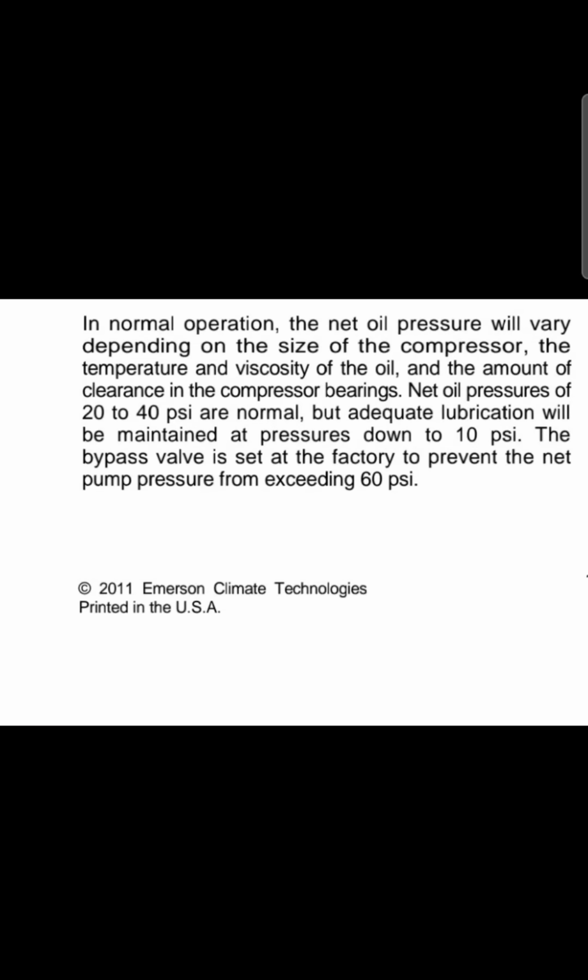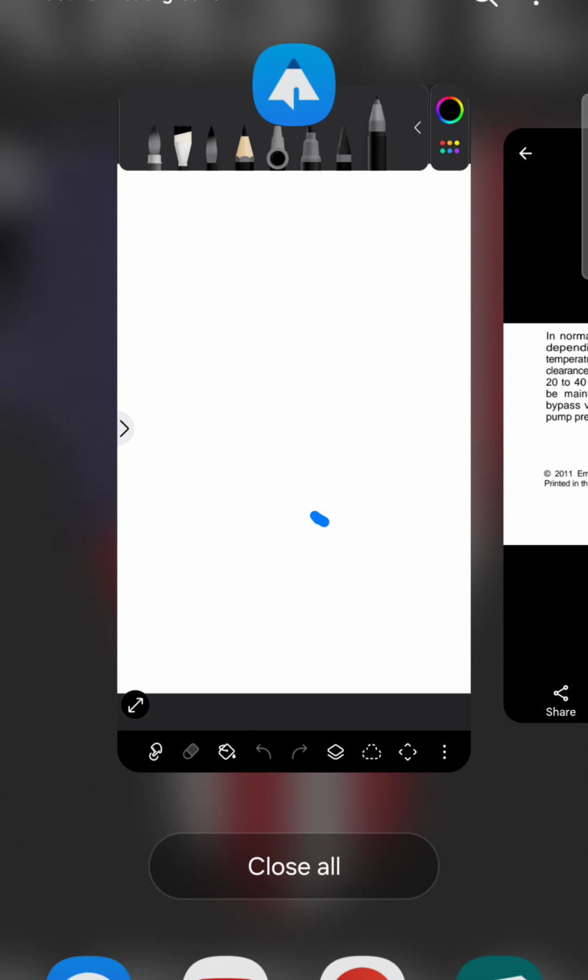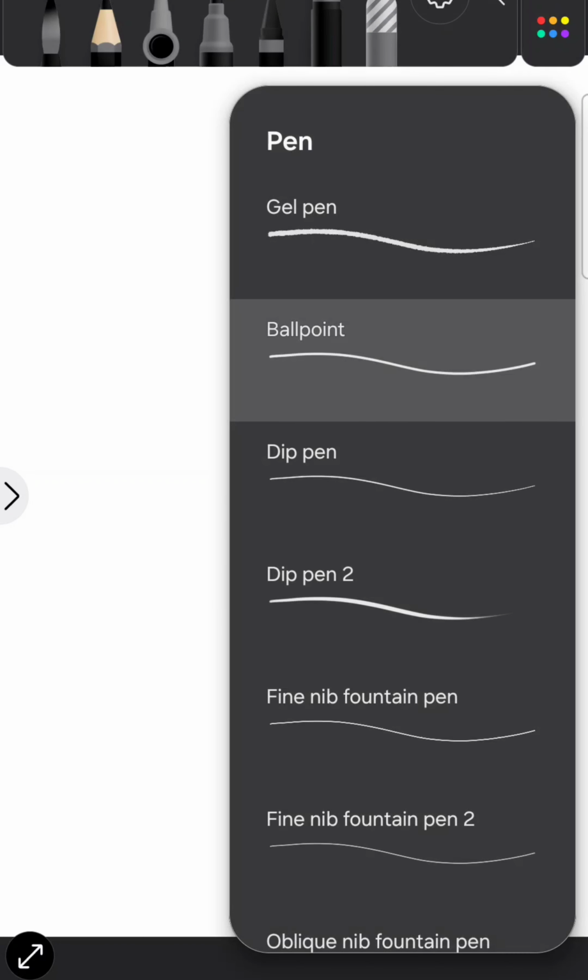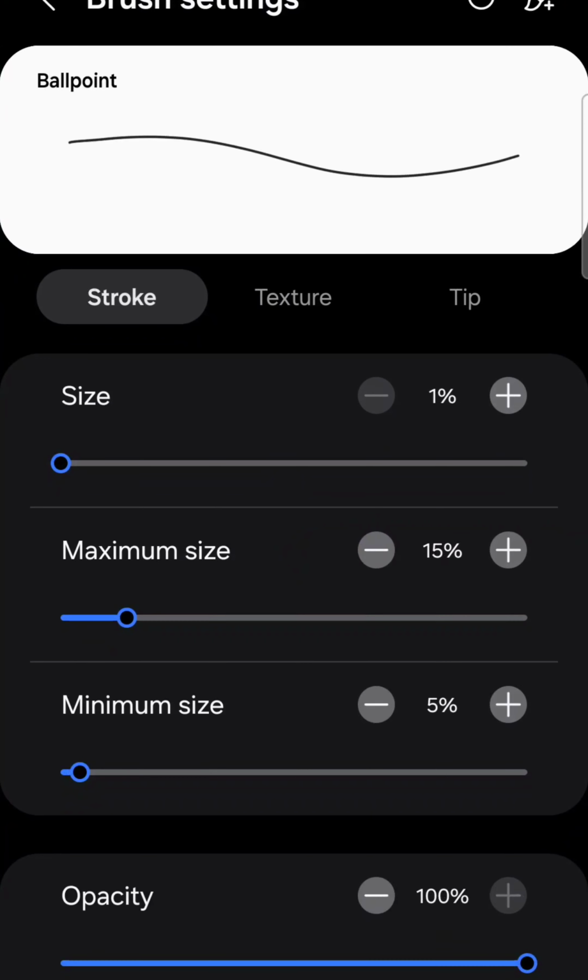Let me show what we're looking for, how we're getting that net oil. Let's draw a quick sketch.